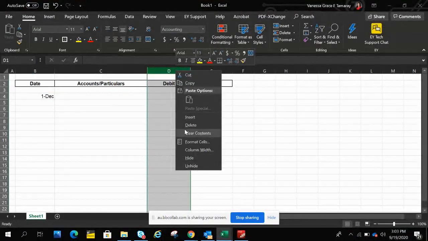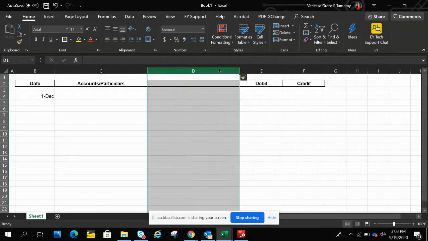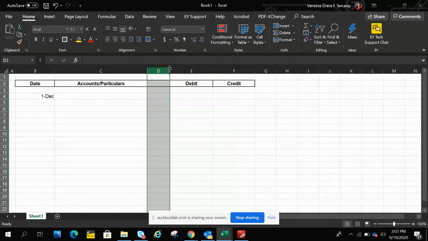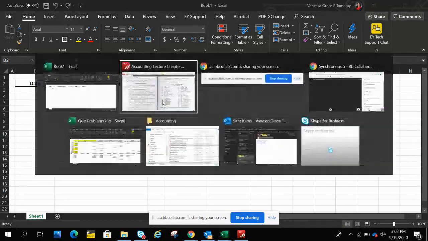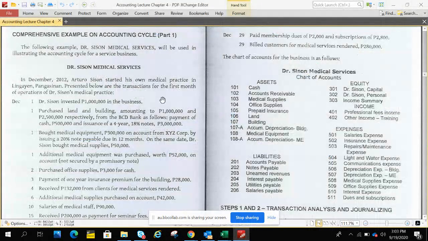Meron tayo dito, insert, reference, PO. Dito natin lalagay yung account number. Again, let's go back. Debit cash, kasi nag-increase yung cash natin, may nag-invest sa company.